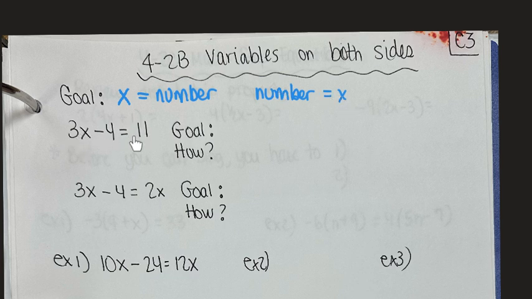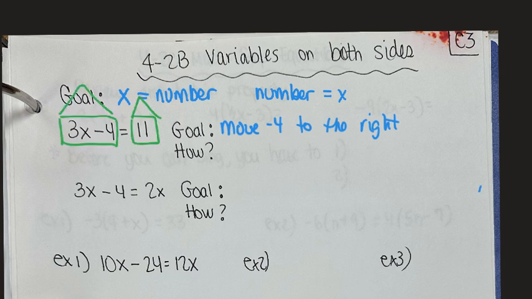So 3x minus 4 equals 11. My goal is to move the -4 to the right. If you think about this like houses, then 3x minus 4 lives in this house, 11 lives in this house. The x's need to be by themselves in their own house. So I need to kick this roommate out.